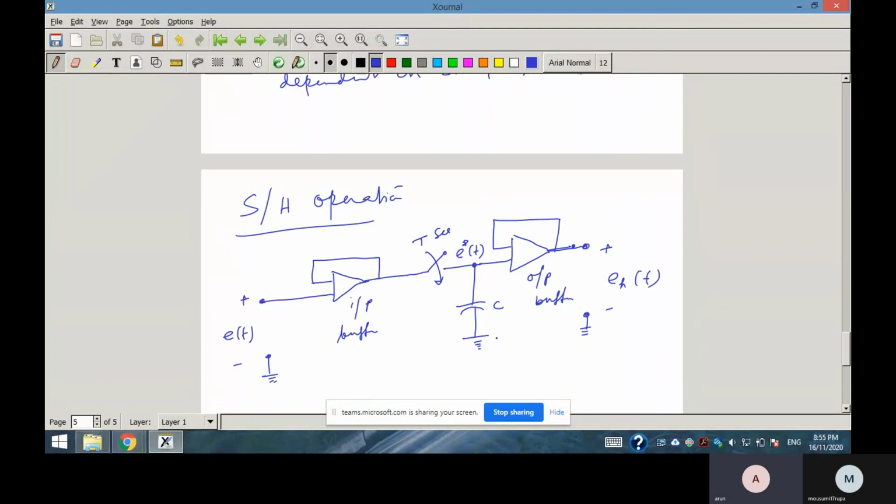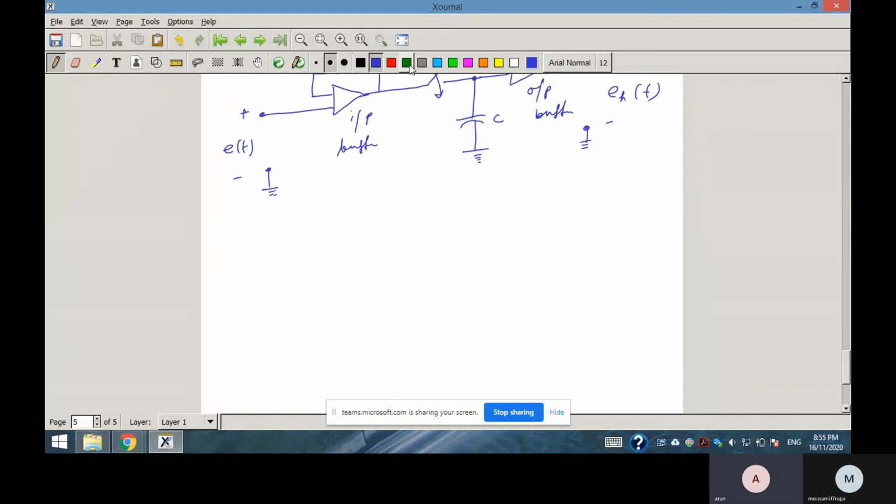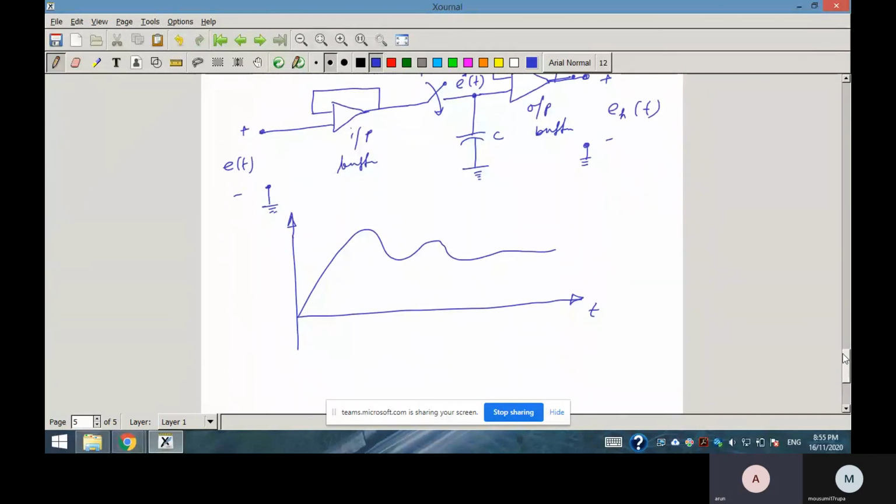So now you can easily see, if your error signal is like this, what will be your e*(t)? e*(t) will be just at every T interval.